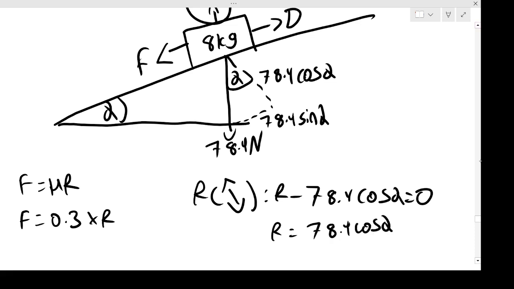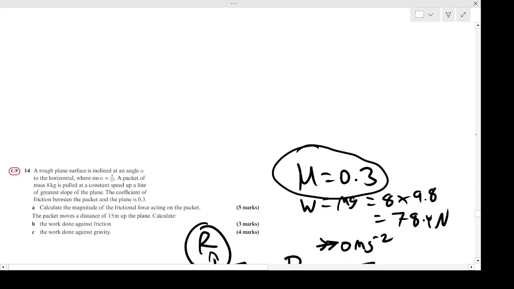Now, this is where it throws a bit of a spanner in the works, because we don't know what alpha is specifically. What we do know about alpha is what sine alpha is. We know sine alpha is 5/13. Now, we want to find cos alpha. What's cos alpha?